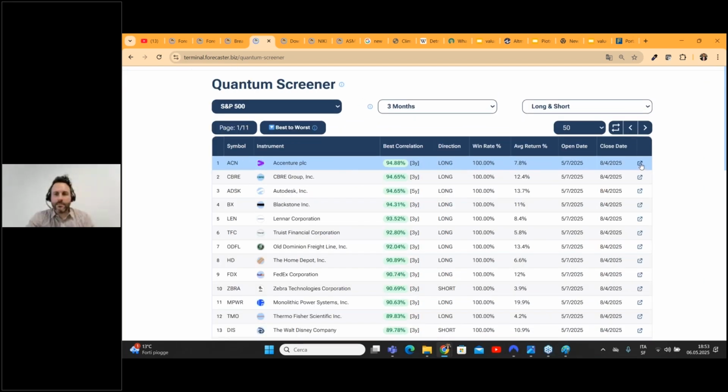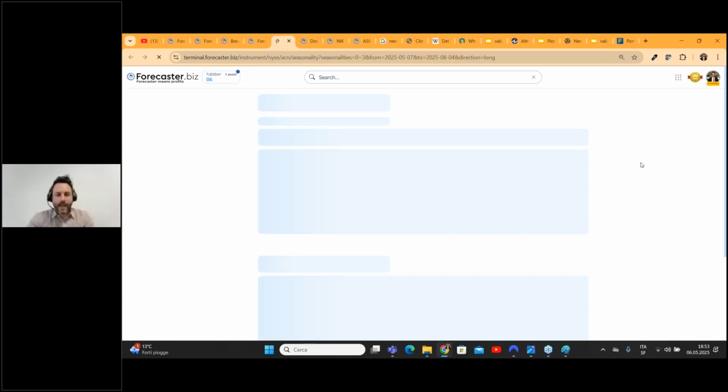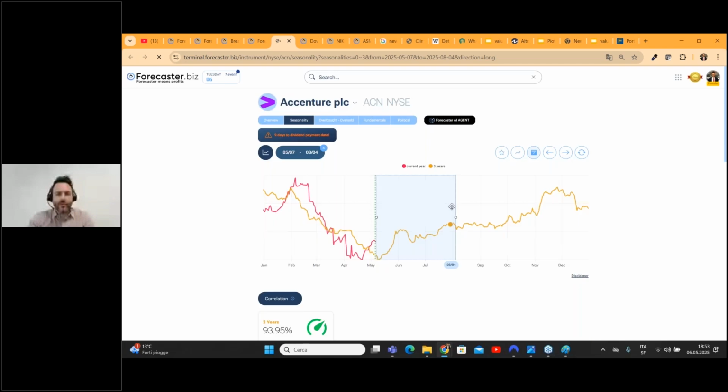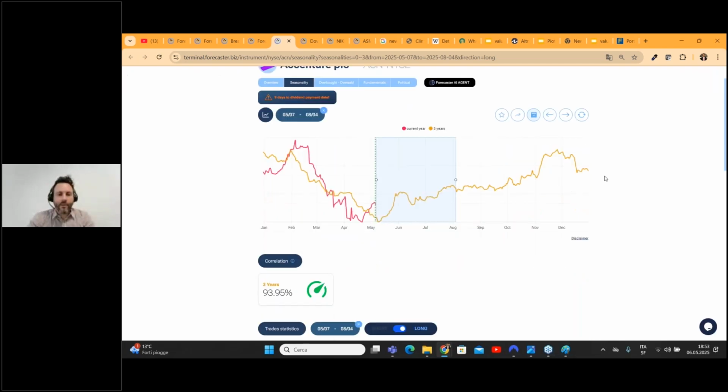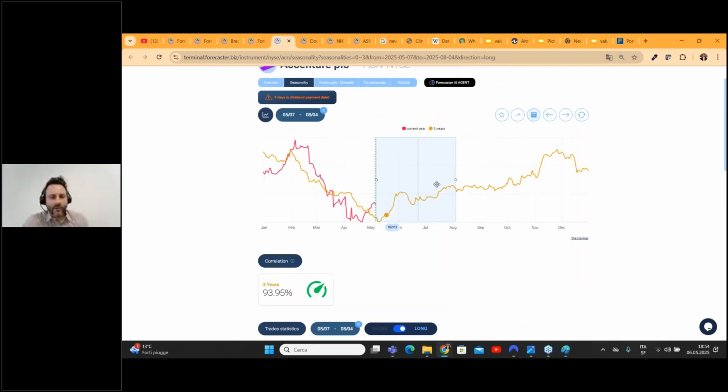Okay, very simple. You can open this page and you can see what you can expect from this share. Okay, you know that the current year is moving exactly like the prices did in the last 3 years on average. Okay, so you can expect a 7.8% gain starting from today, from tomorrow until the very beginning of August.